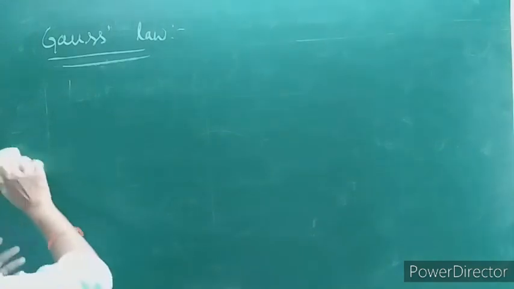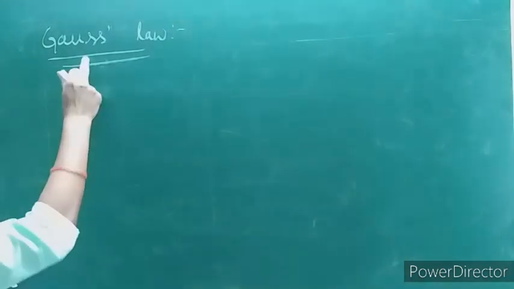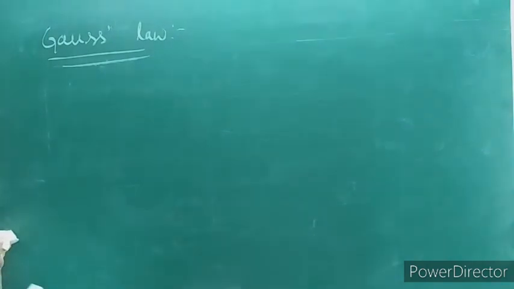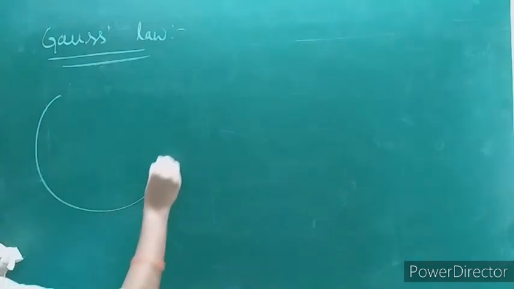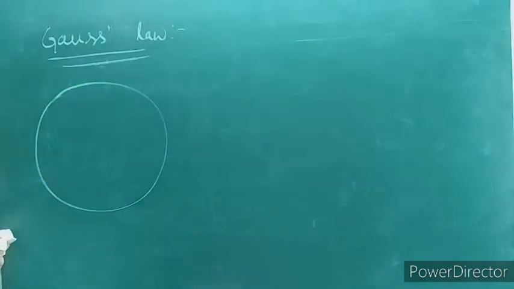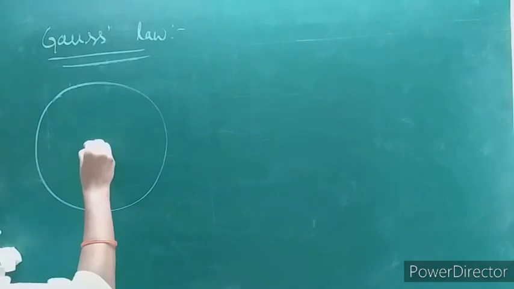In examinations they will ask you to state and prove Gauss law. So now let me move on to prove the Gauss law. For that, let us consider a closed surface as a spherical closed surface, a sphere having the radius r.